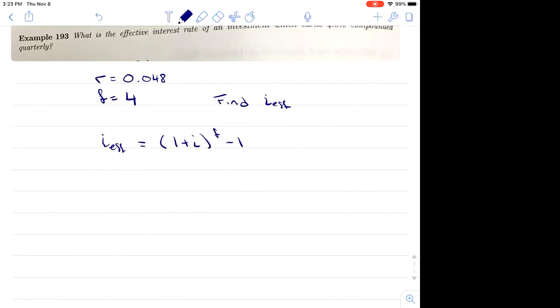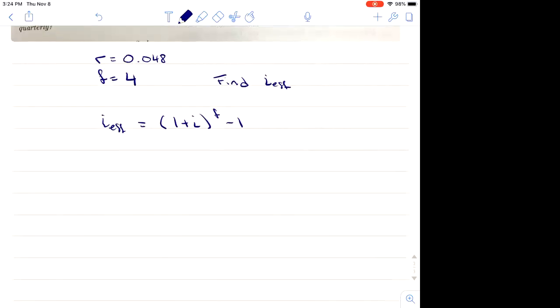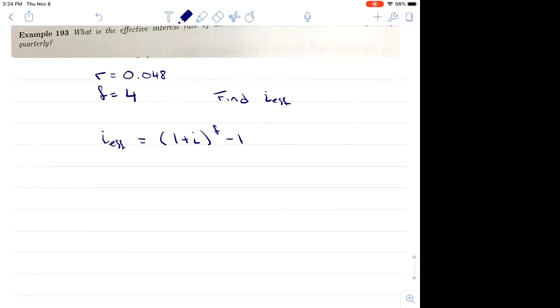Because the 1 is inside the brackets being powered to F. So 1 to the power of anything is 1, but it doesn't disappear. Good call.